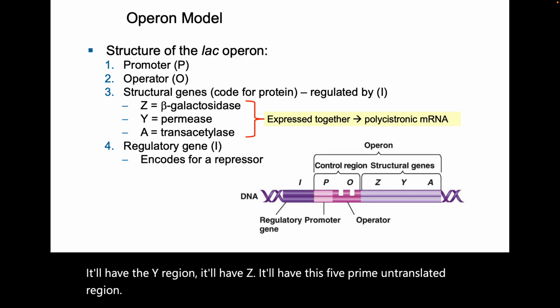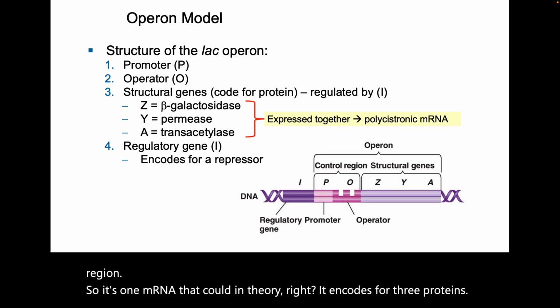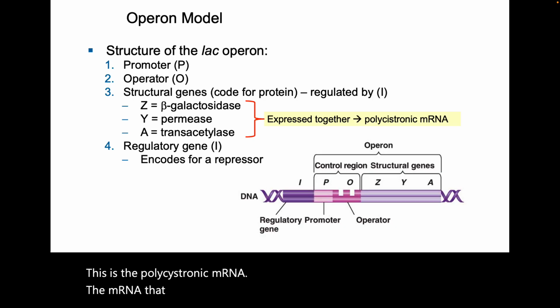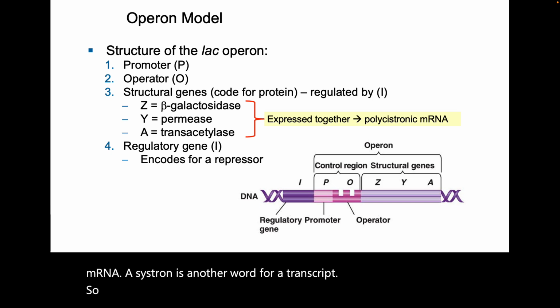So it's one mRNA that, in theory, encodes for 3 proteins. This is the polycistronic mRNA. The mRNA that results from transcription of an operon is a polycistronic mRNA. A cistron is another word for a transcript. So it's a polycistronic mRNA, has multiple transcripts in one.